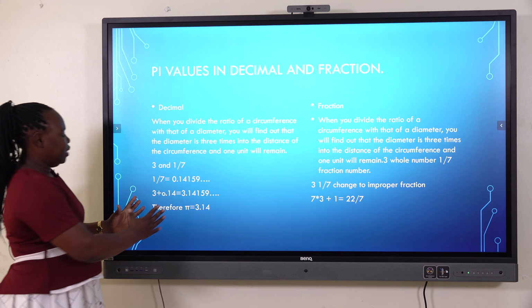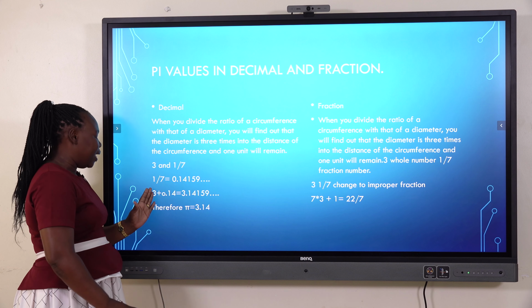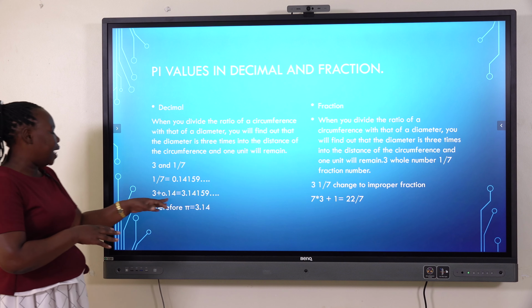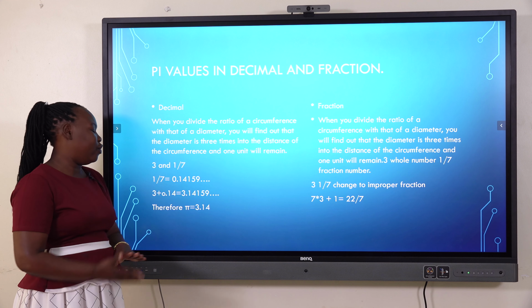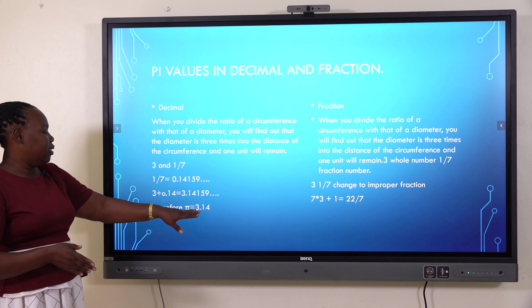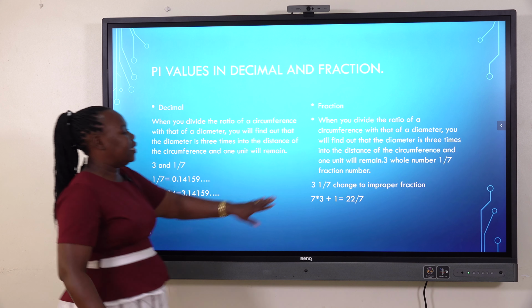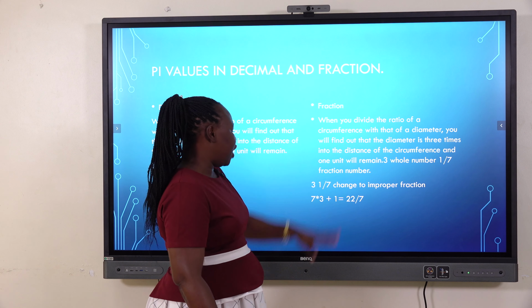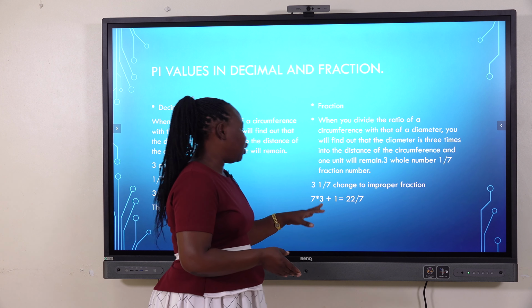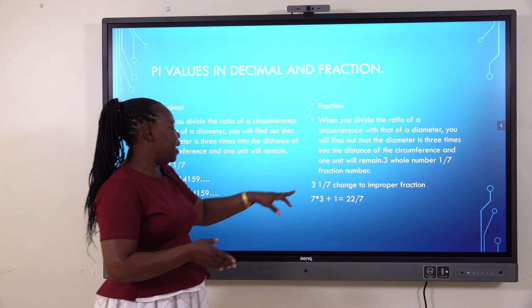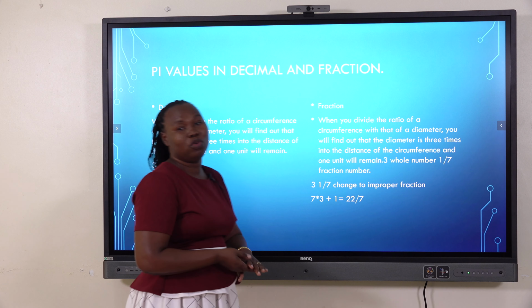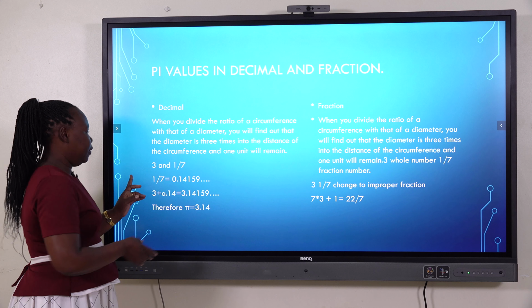By adding the 3 as a whole number plus the decimal remaining, we have the value of pi as 3.14. The same applies to a fraction. When we leave it as a fraction, we equate it to an improper fraction, which brings us to 22/7.